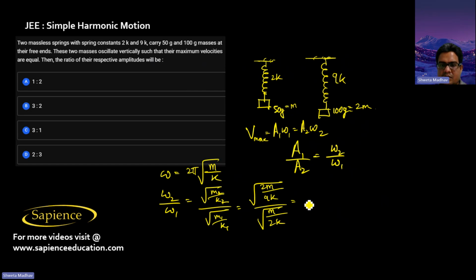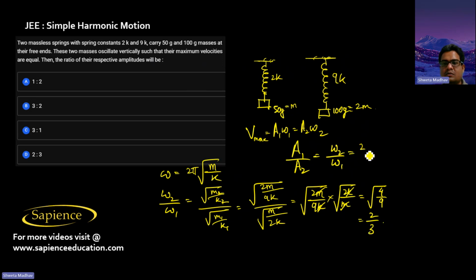So this is root over 9k by 2m into root over m by 2k. Therefore, m will get cancelled, k will get cancelled. So this is root over 9 by 4, which is equal to 3 by 2. So the ratio of their amplitudes is 2 is to 3. So option D is the correct answer.